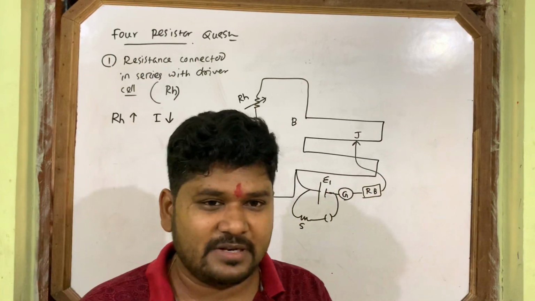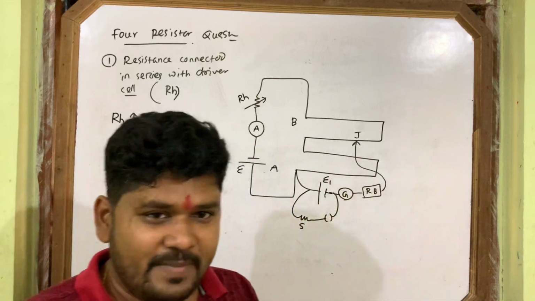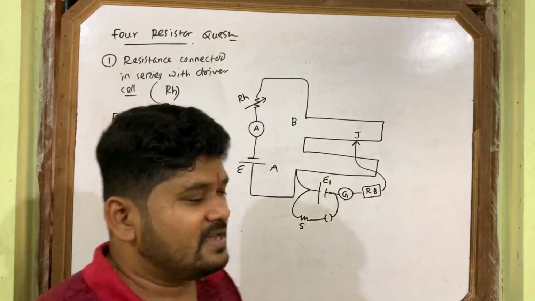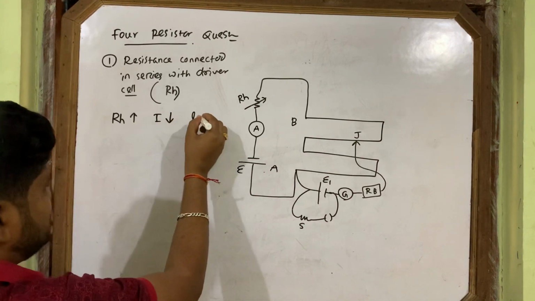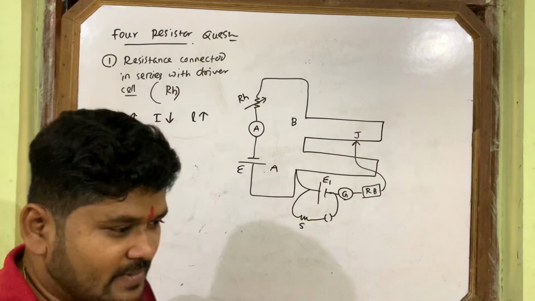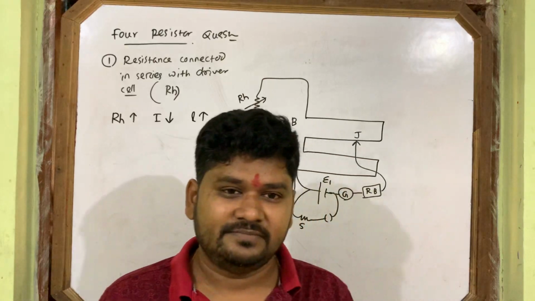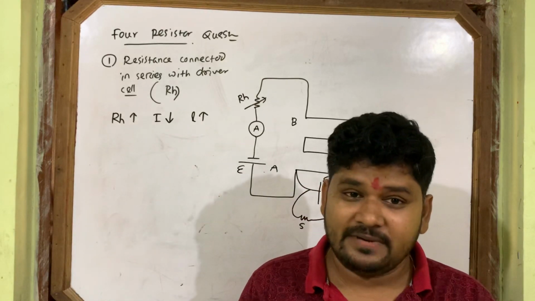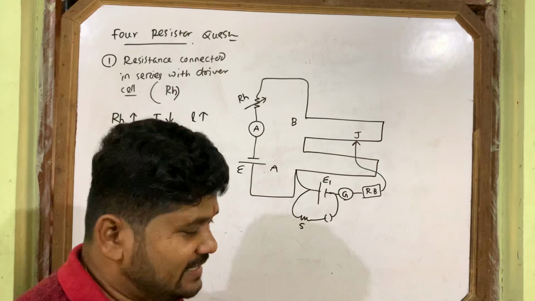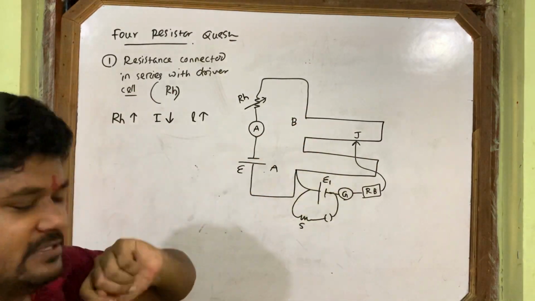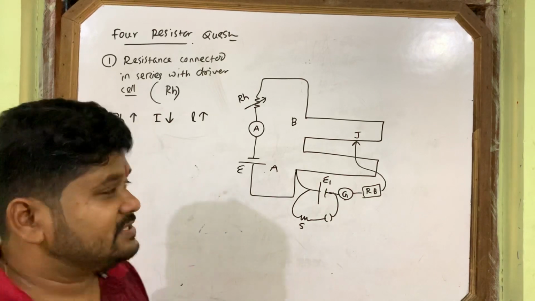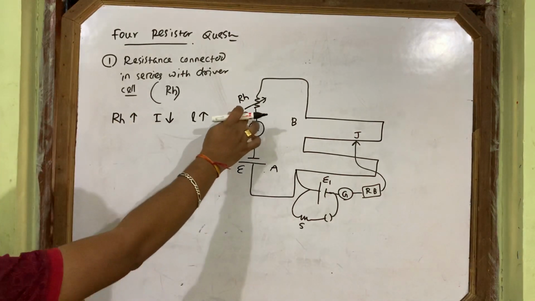Go back in the video and see formula number 1. If resistance increases, then current decreases. If current decreases, then balancing length increases, according to formula number 7. So this jockey shifts towards B. This is about this resistance.